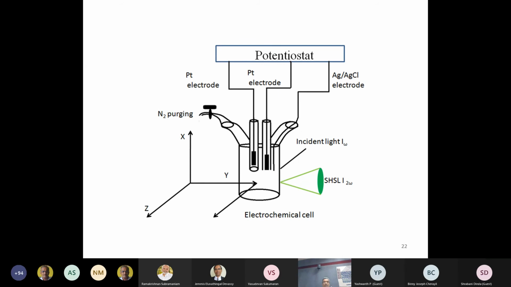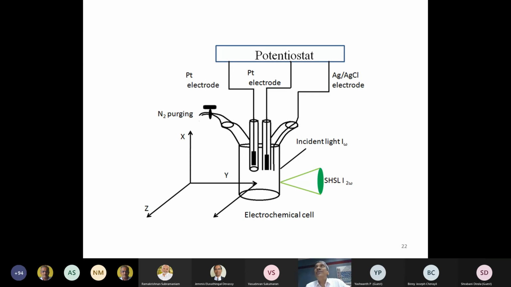We have set up a potentiostat inside the measurement cell. We can look at the absorption of these compounds as you oxidize or reduce them, through an Avaspec in situ spectrometer. At the same time, you can make second harmonic measurements.